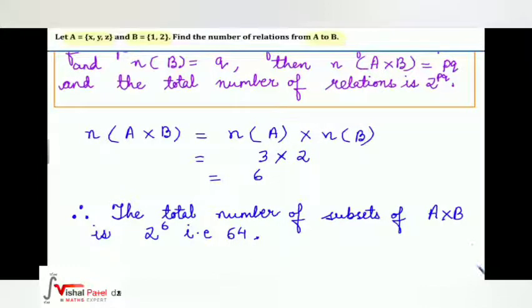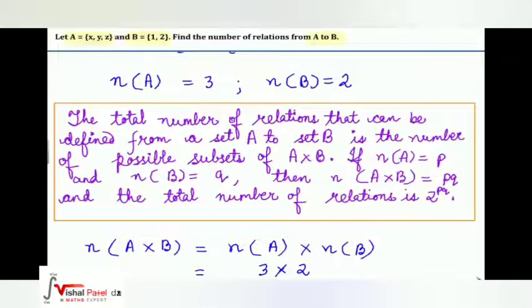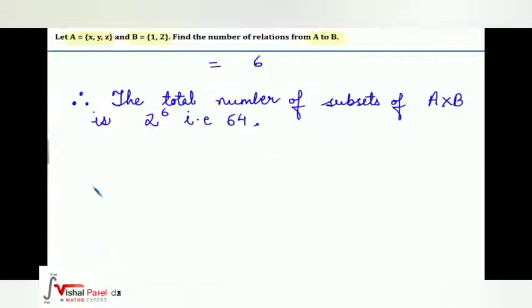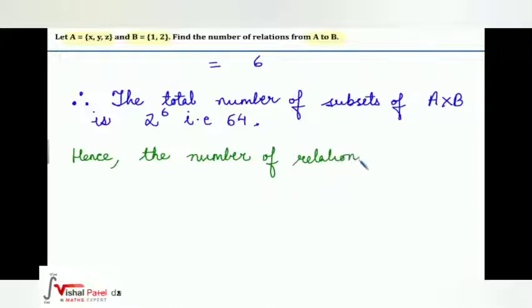Hence, the number of relations from A to B is 64.